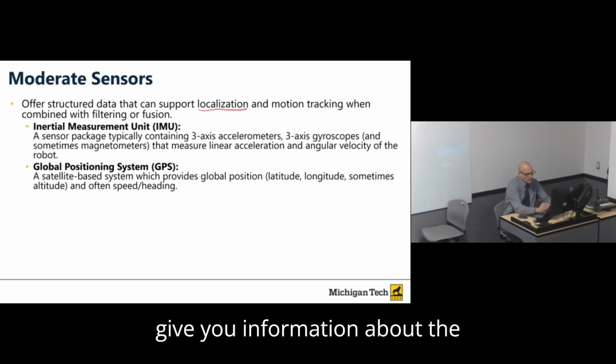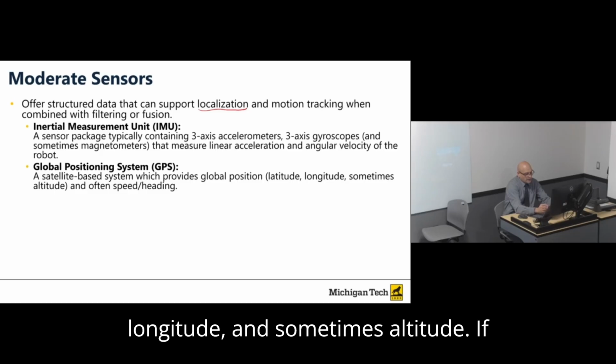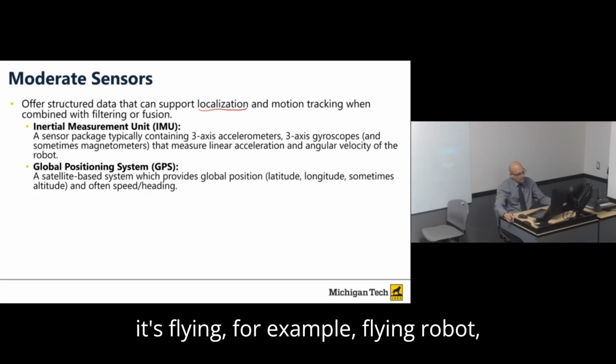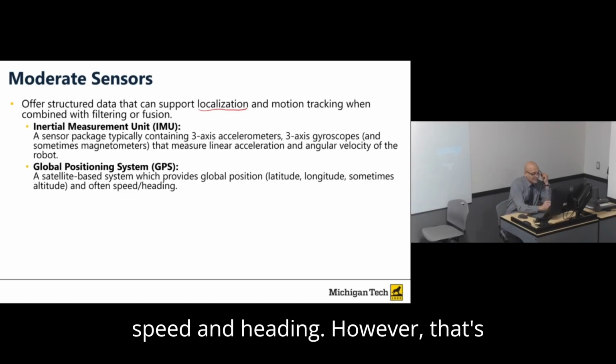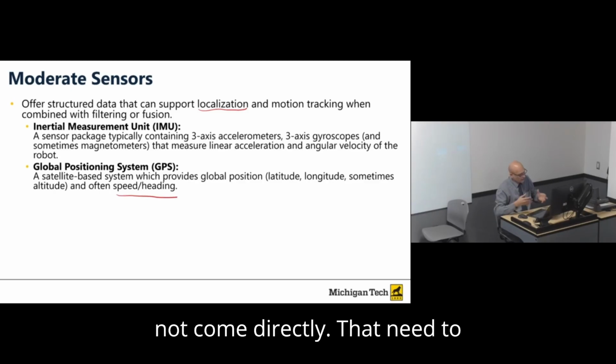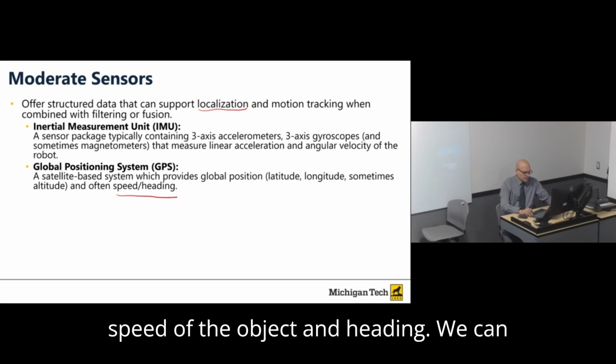Normally, it gives you information about the position, latitude, longitude, and sometimes altitude if it's flying, for example a flying robot like a drone, and it can even give you speed and heading. However, that doesn't come directly. It needs to be processed with software to give you the speed and heading of the object.